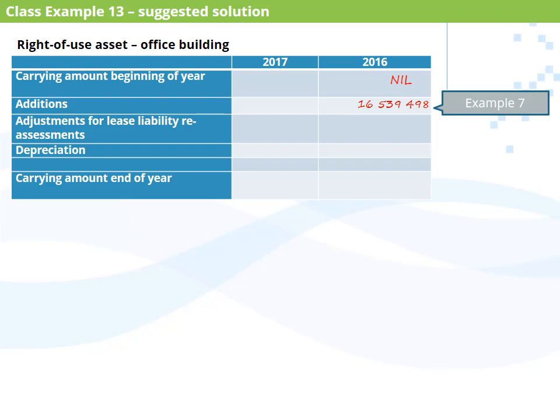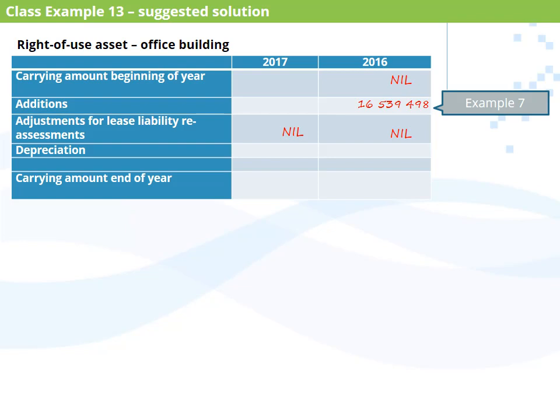The next is adjustments for the lease liability, any reassessments, and you remember, for the ROCO Limited scenario, we did not have any adjustments. We did that for Poly Limited. Then we have depreciation on the right of use asset, and that was pretty simple. There was no purchase option, or the asset does not transfer to ROCO at the end of the lease term.